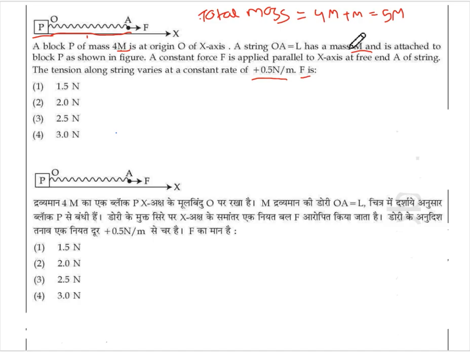Now according to the formula of force, F equals ma. The total mass is 5m because it is applied on the whole system, so F equals 5m into acceleration a. Now we have to find this acceleration also. If I find this acceleration, then I can find the value.